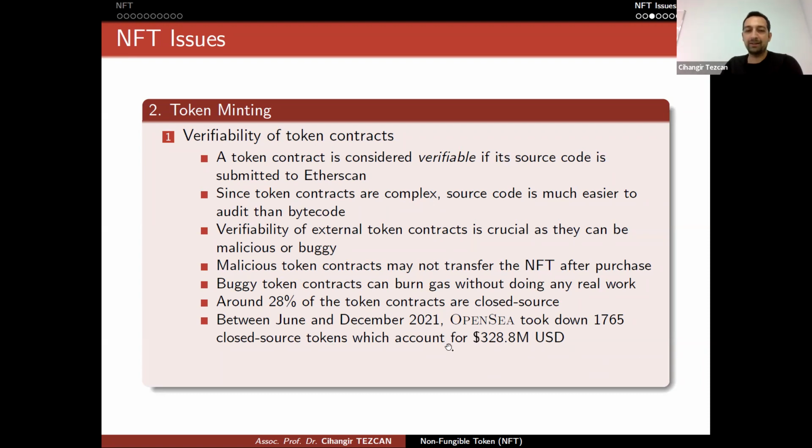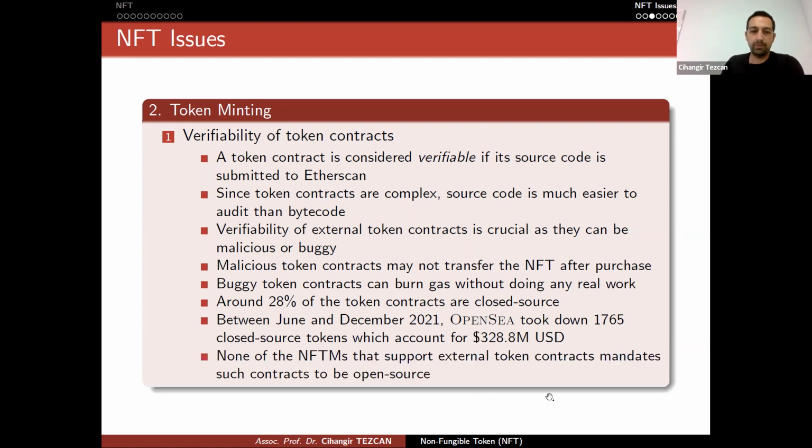And this is just checked for between June and December. In that paper, what they did was really clever. They constantly crawl these web marketplaces and try to see if they take down anything and so forth. In the following examples, again, I will be referring to the same paper.